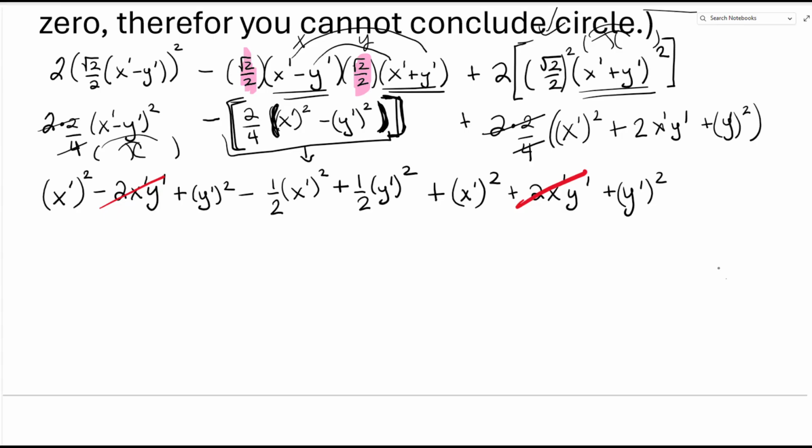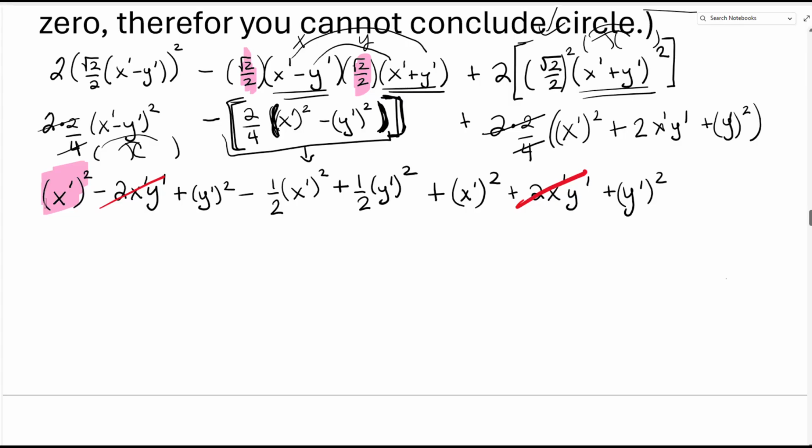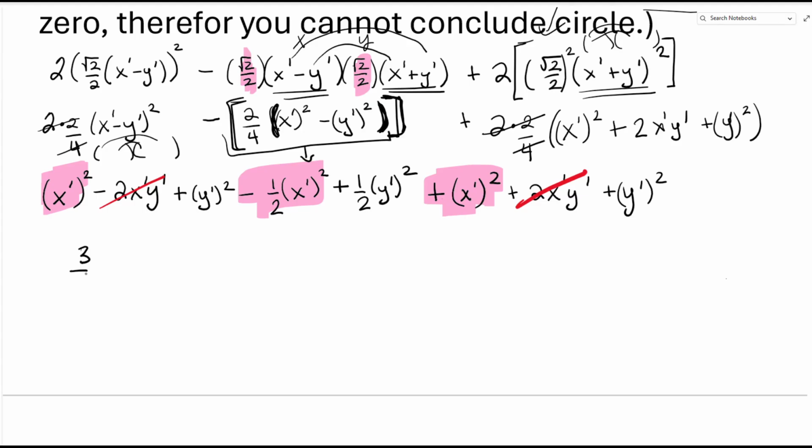All right, so now let's combine like terms. I am seeing an x prime squared there, x prime squared there, x prime squared there. So 1 minus a half is a 1/2, plus another one, we'll have 3 halves. So we have 3 halves x prime squared.